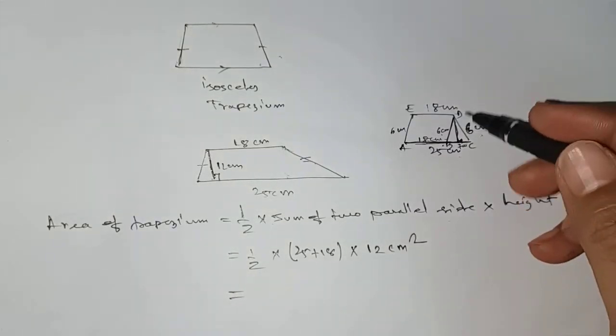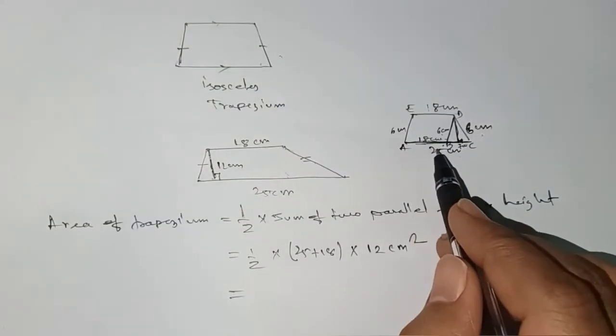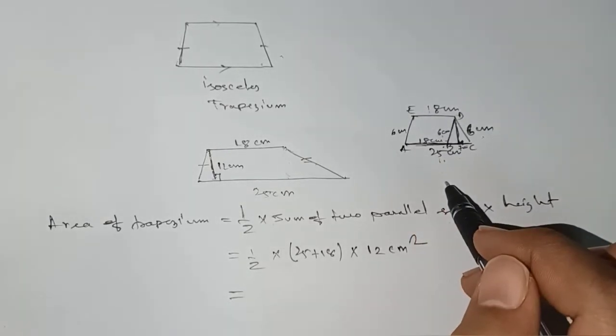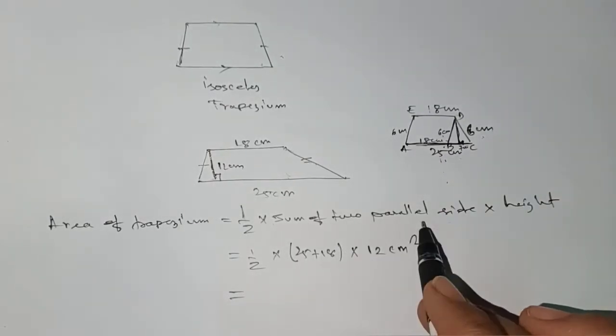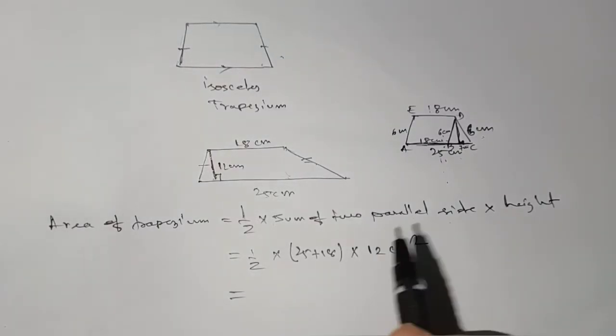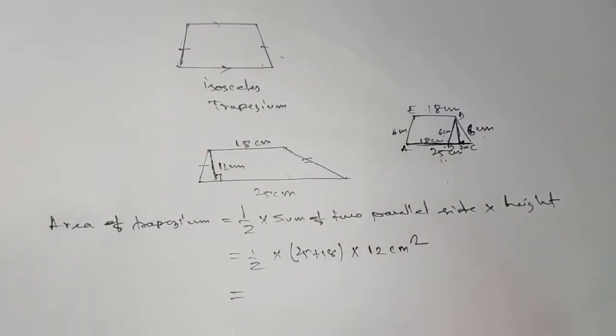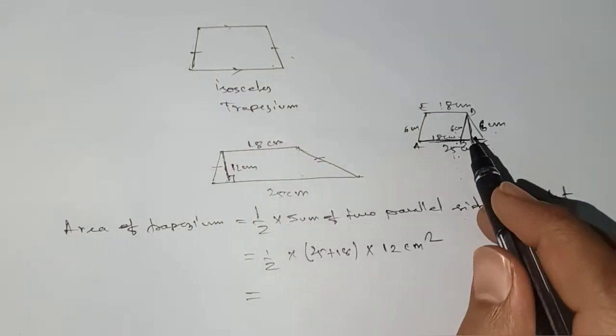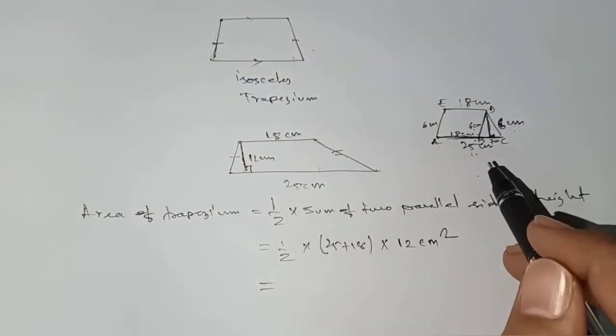Now if we find the height, then we have the parallel side values and we'll use this formula, and we'll get the answer. The thing is that we don't know the height. So how are we going to find it? Here we'll use Heron's formula.